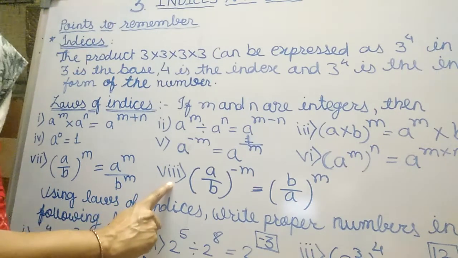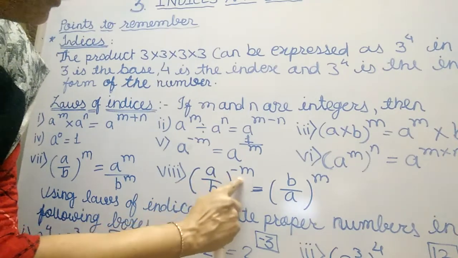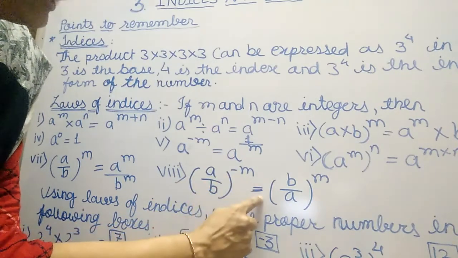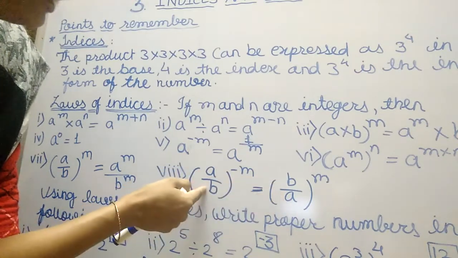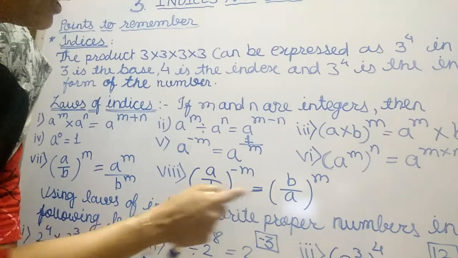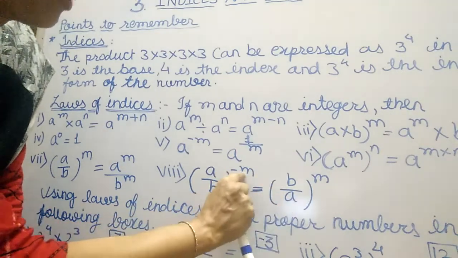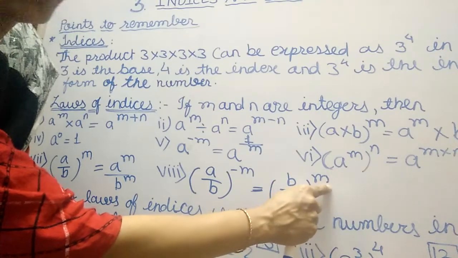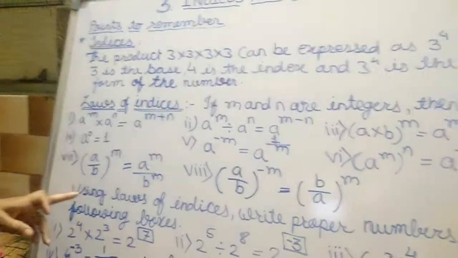Now the eighth law: a by b, and for this fraction if a negative power is given, we get the inverse, b by a. Numerator goes to the denominator and denominator goes to the numerator, and the negative power is removed and we get positive power m here.